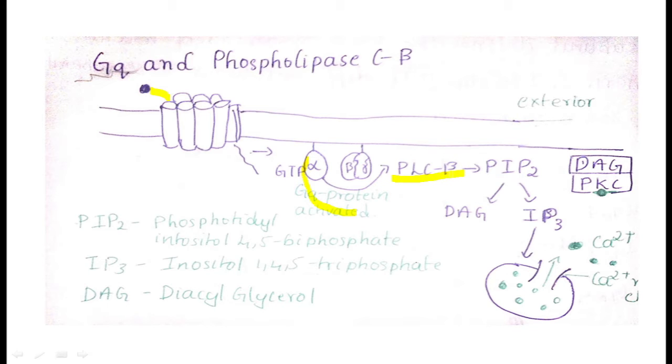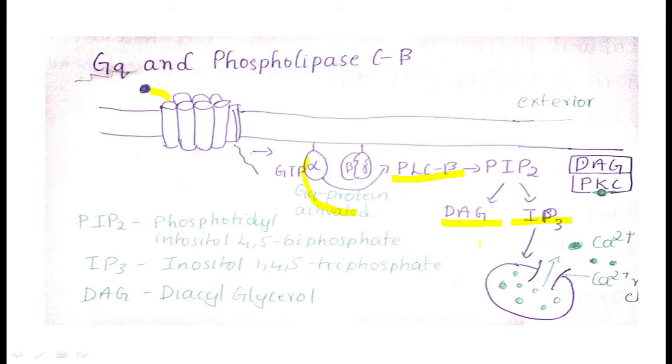This phospholipase C beta converts phosphatidylinositol 4,5-bisphosphate into DAG and IP3. I repeat, this phospholipase C beta acts on phosphatidylinositol 4,5-bisphosphate and converts it into DAG and IP3.